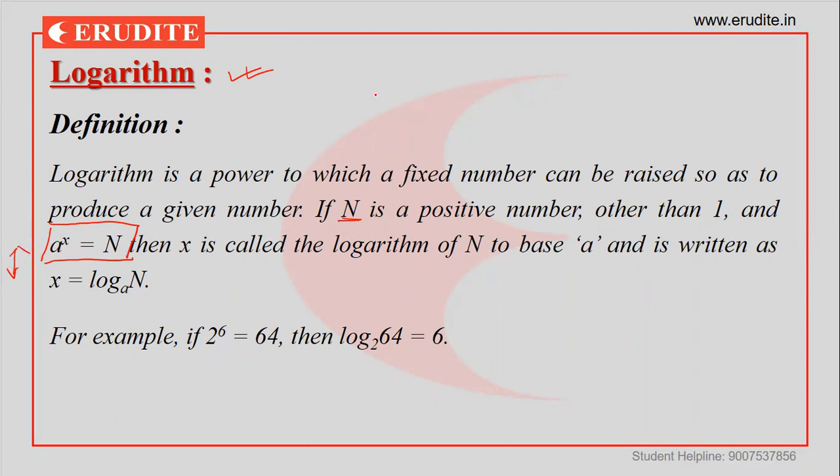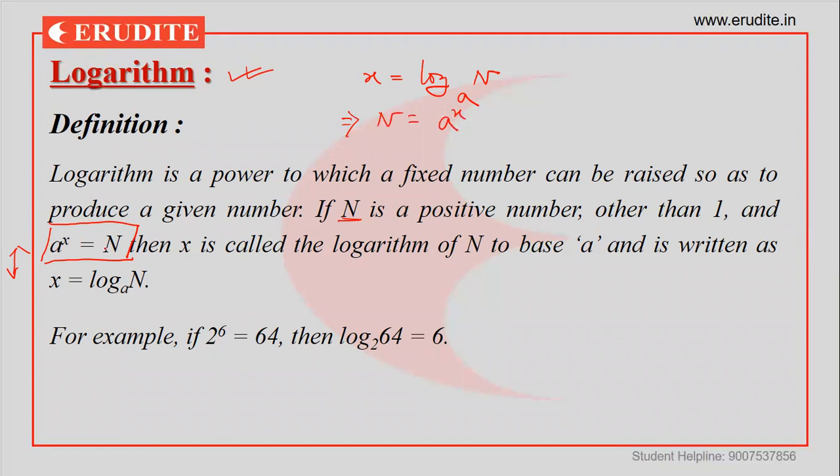If I take the next one, I can write it down. x is equal to log of n to the base a, let's say, given. Then from here, without the log, if I want to find a to the power x, I will write that it is equal to n. So n is equal to a to the power x.